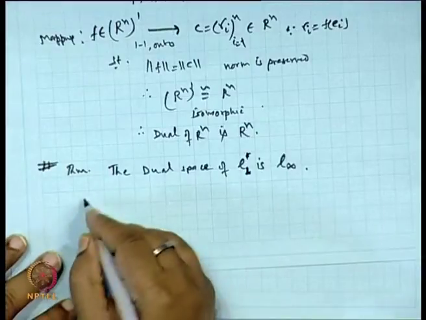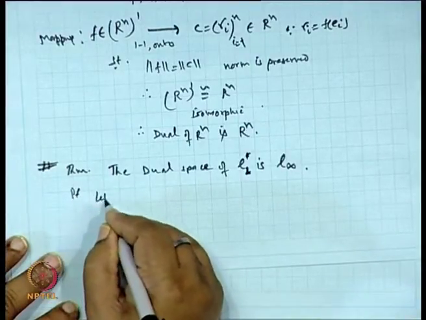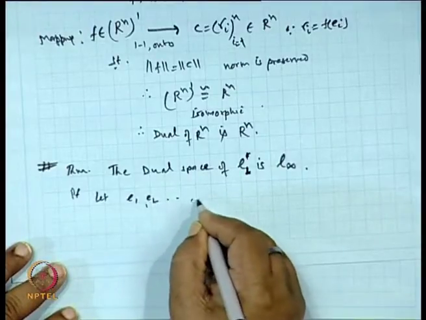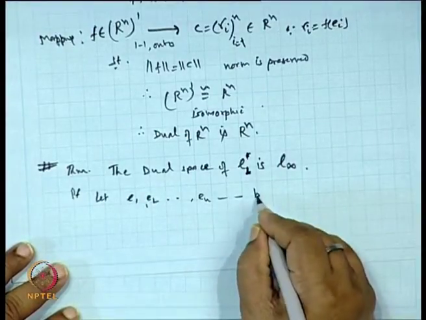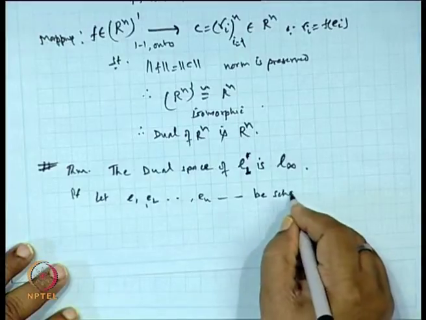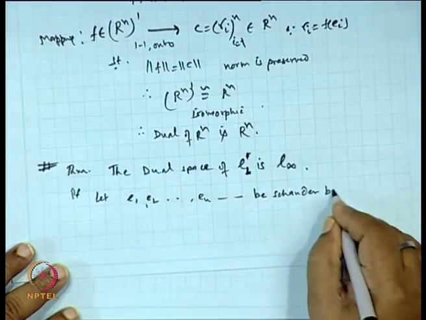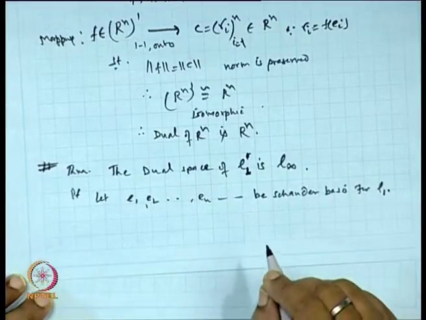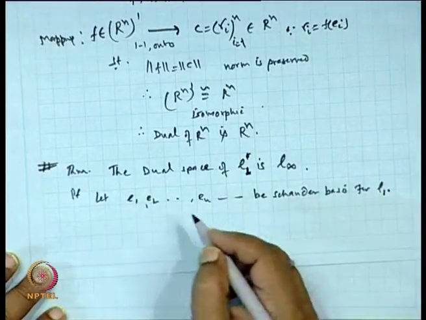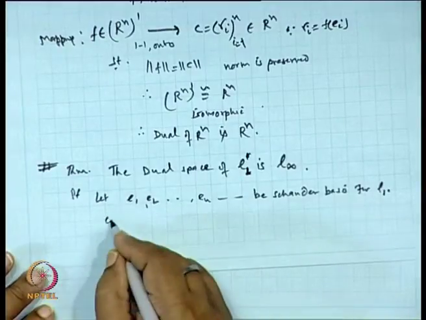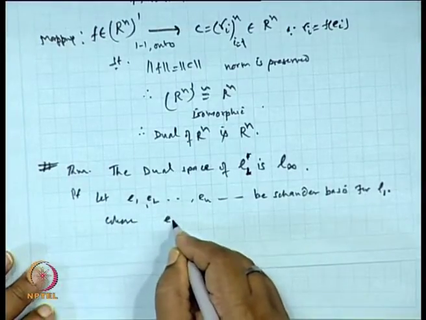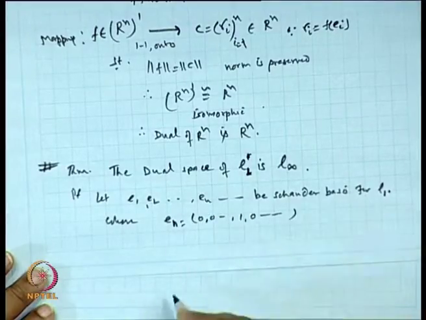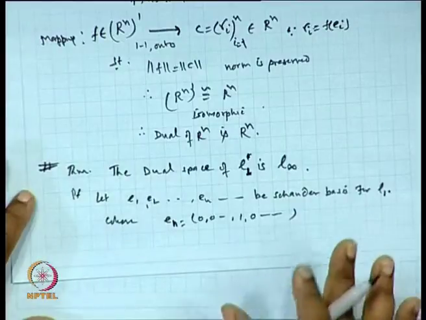So let E 1, E 2, E n and so on be the Schauder basis for L1, where E n is 0 0 0 1 0 0 0. The nth value is 1, and the rest are 0. This forms a Schauder basis for L1.